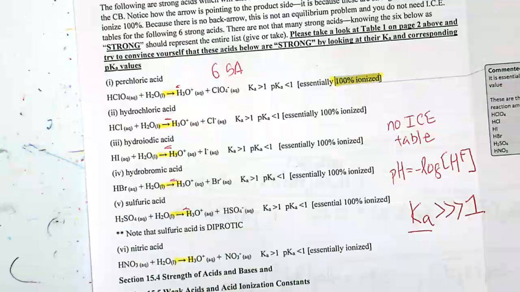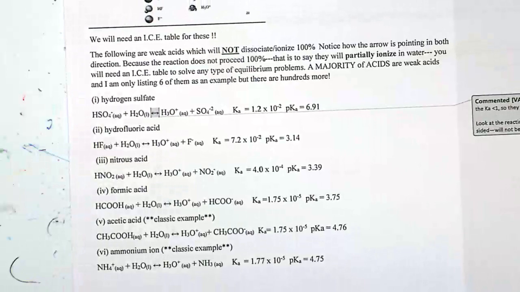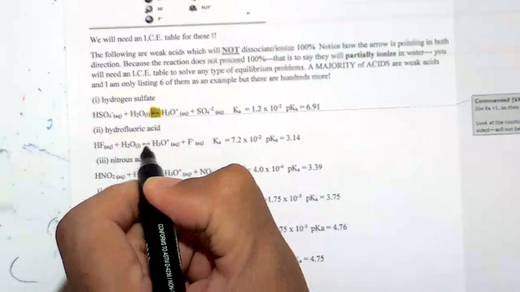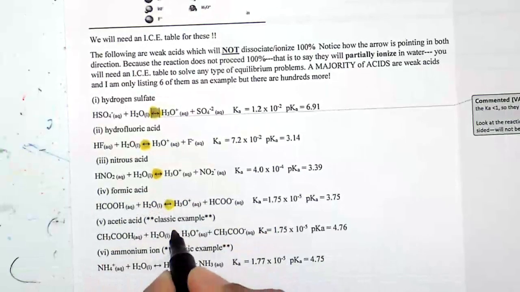We're going to contrast that with some of the acids that are on page 11. These are the weak acids. What is it about the arrows on the weak acids? They're at an equilibrium. Perfect.